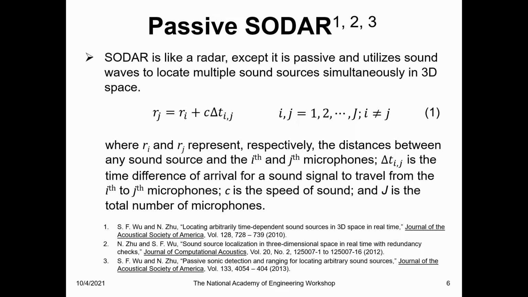The basic relationship between sensors and a target source is given by equation 1, where R sub i and j represent respectively the distances between any source and the ith and jth microphone. Delta Tij is the time difference of arrival for a sound signal to travel from the ith to jth microphones. C is the speed of sound, and J is the total number of microphones.